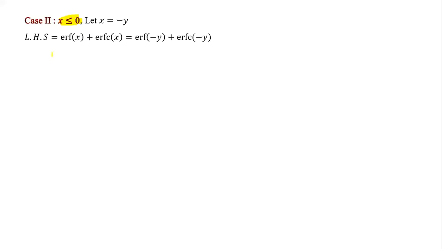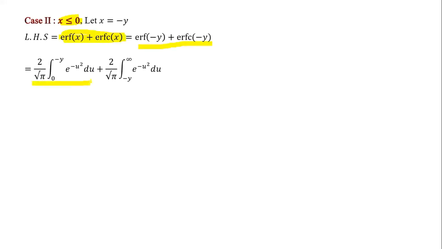So LHS is equal to error function of x plus complement error function of x, which is equal to, put x equal to minus y, error function of minus y plus complement error function of minus y. Now replace these values by the corresponding integral. So this is the error function of minus y, where we consider the upper limit as this bracket value. And this is the definition of complement error function, where the lower limit is the bracket value.